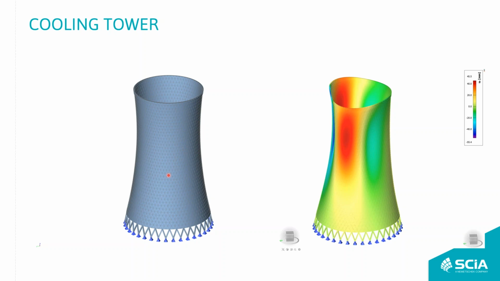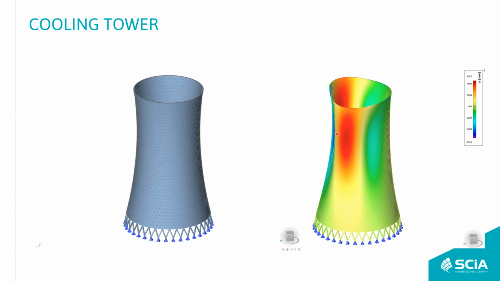So why not use some tool which can generate the model, which can generate the load, let's say mainly the wind load, and you can obtain the results which are displayed here as an example of the wind load acting on such a structure.